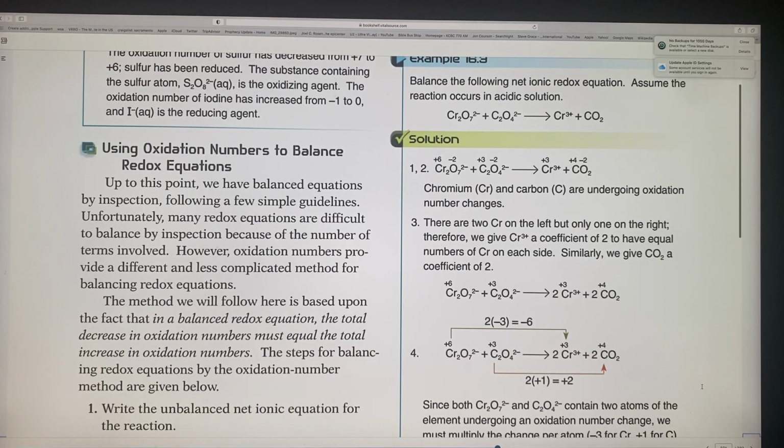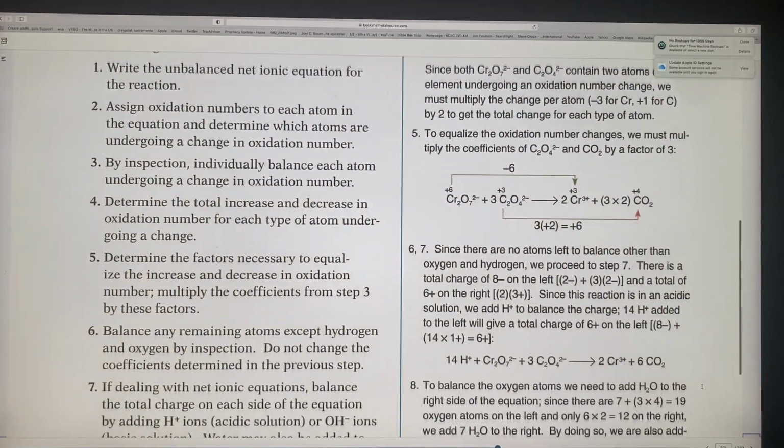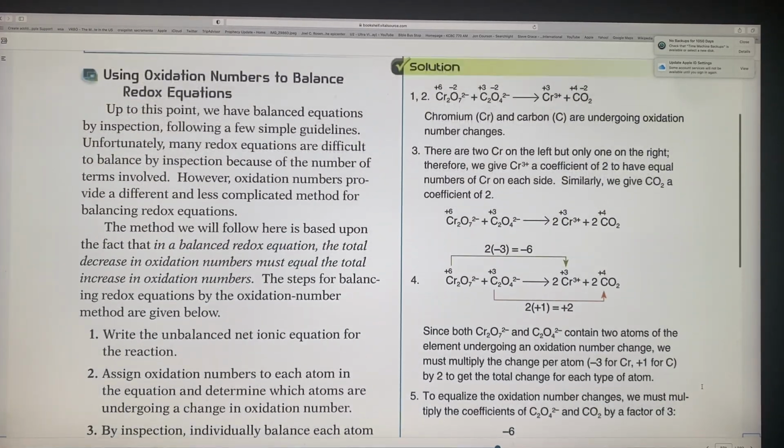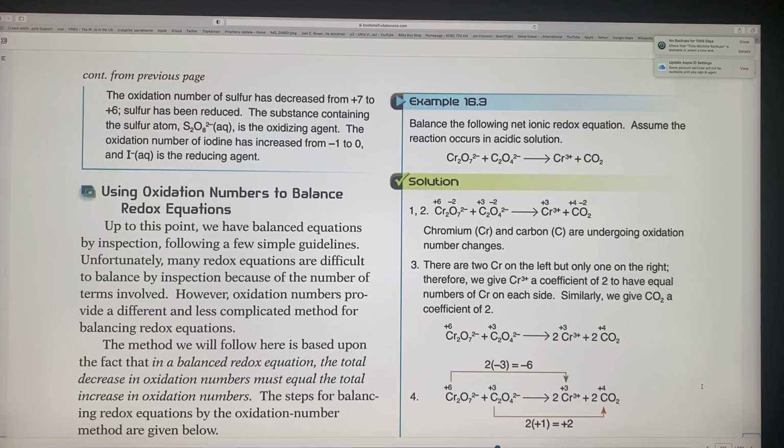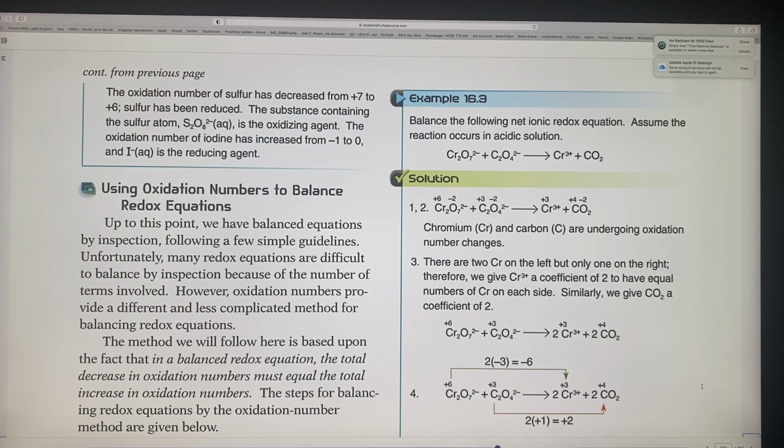Okay, now they're going to do this, which is quite a deal. I went through this whole thing in my notes, which you have to do to really figure it out. It's not as complex as it looks. Let's just say that. So we're going to go over the steps of balancing the equation and the summary of rules.